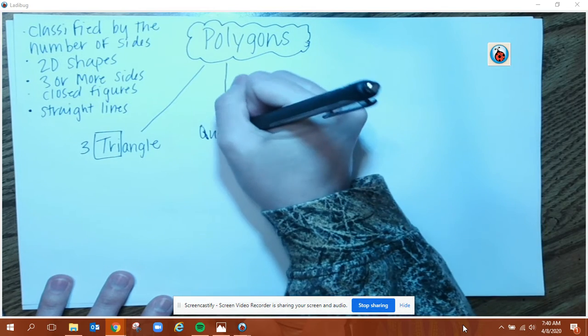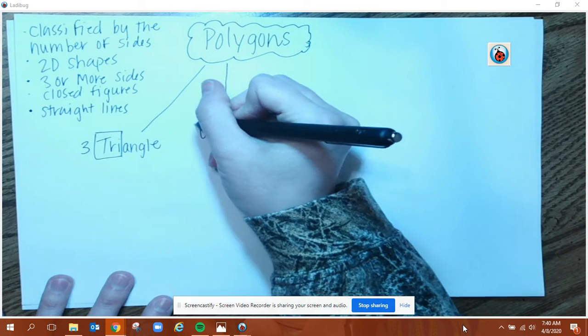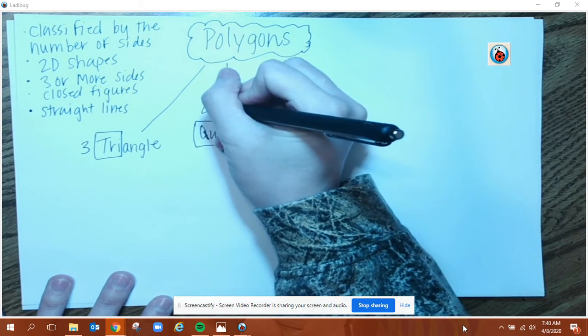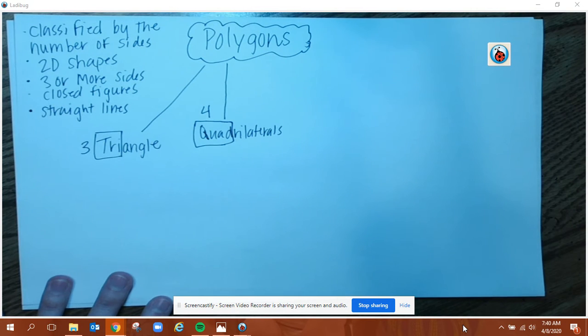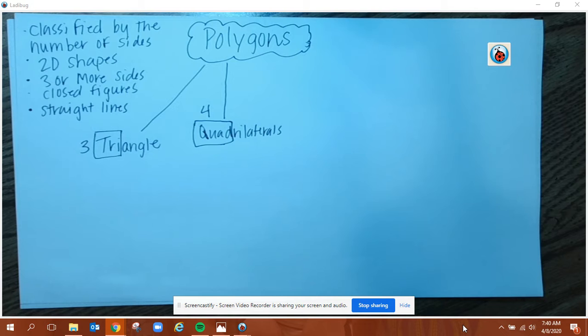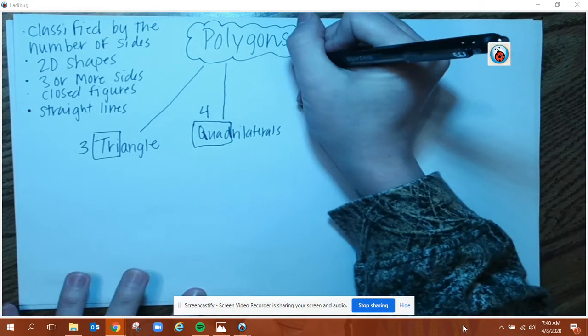That's a Q. Okay, and we talked about our prefix quad tells us that these polygons all have 4 sides. Okay, so today we're going to review some of the other subsets of polygons that don't have as many shapes below them.